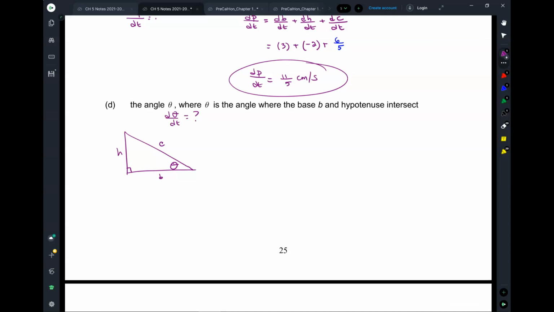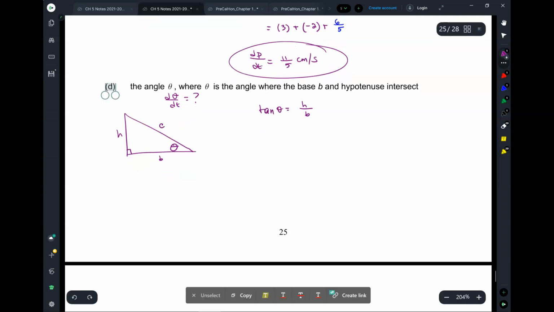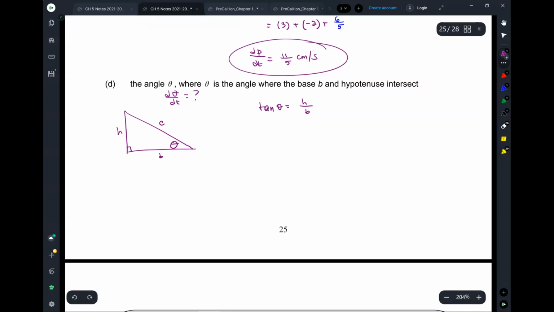Oh, well now, how do I relate that angle to what I have? Sine, cosine, tangent. Since I was initially given the legs, let's go with tangent. Tangent of theta is h over b. Now, I need to take a derivative of both sides.